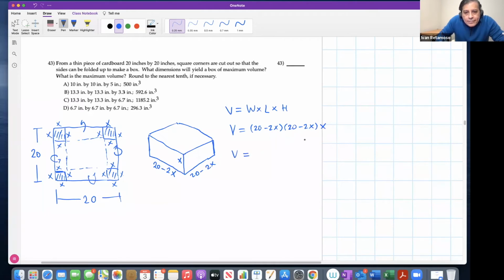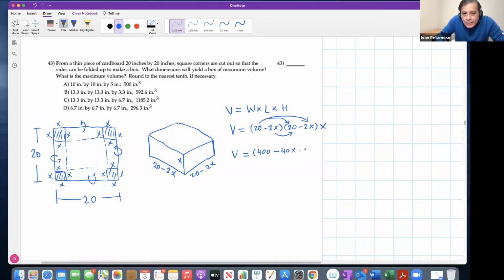And now I'm going to expand this so I can get the volume as a polynomial function, because later I will have to take the derivative and set it equal to 0. So let's expand this. Let's FOIL this out. 20 times 20 is 400. 20 times negative 2x is minus 40x.